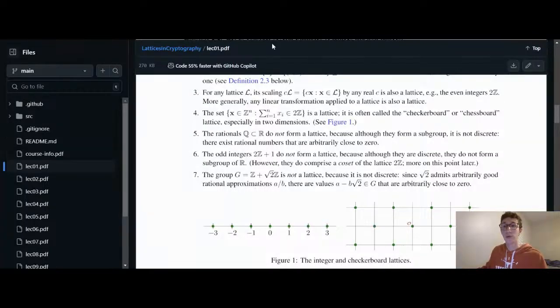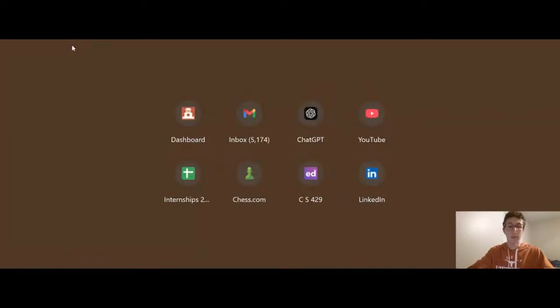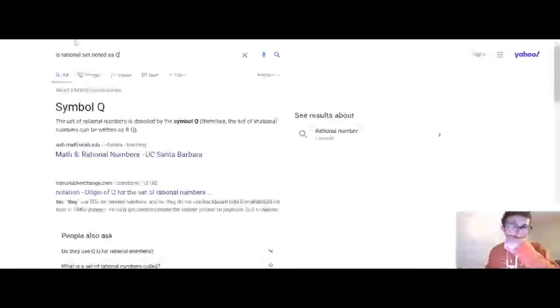That's pretty cool. Let me just make sure something really quickly. This is for a future note. I want to make sure this is okay. Cool. So rationals Q and irrationals R minus Q.